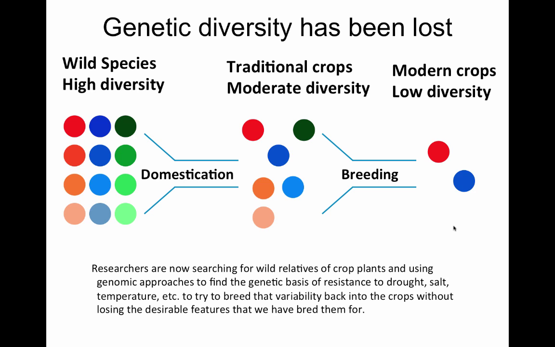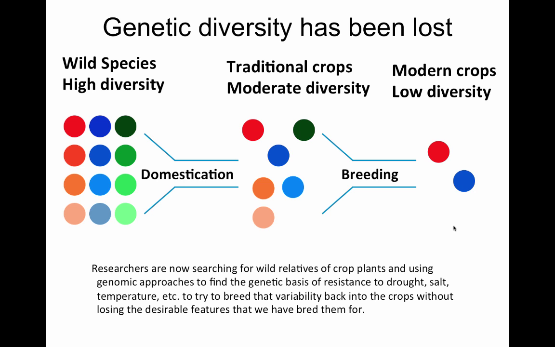So one of the things that researchers are very interested in right now is searching for wild relatives of crop plants and using genomic approaches to figure out what are the genes responsible for resistance to the kinds of things that we're going to start to see with global change: drought, increasing salinization or salt concentration in soils, differences in temperature, to try to breed that variability back into the domesticated plants without losing those desirable features.